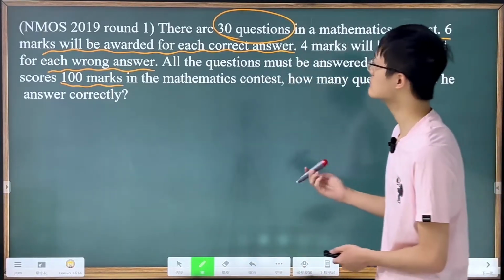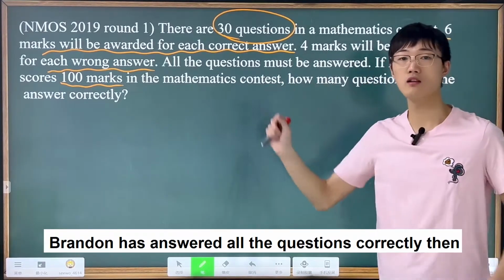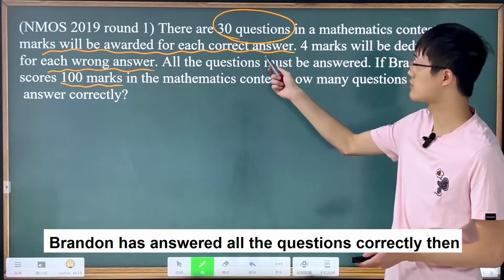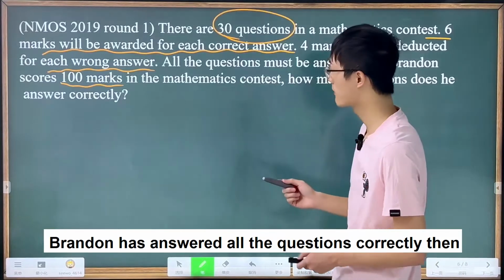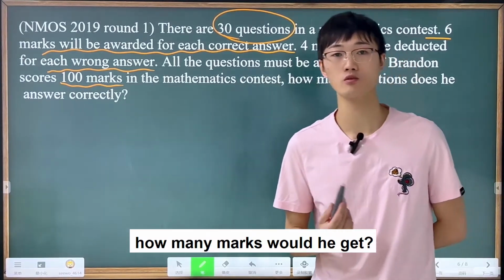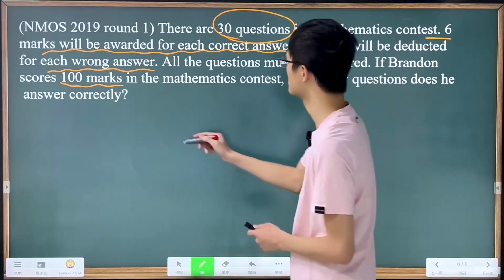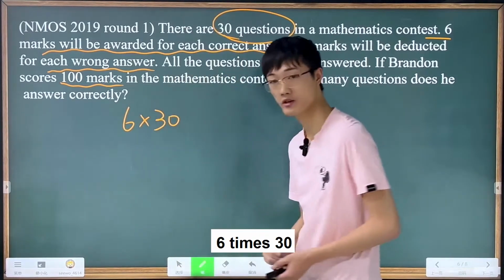Let's go. Suppose that Brandon has answered all the questions correctly. Then how many marks would he get? 6 times 30.